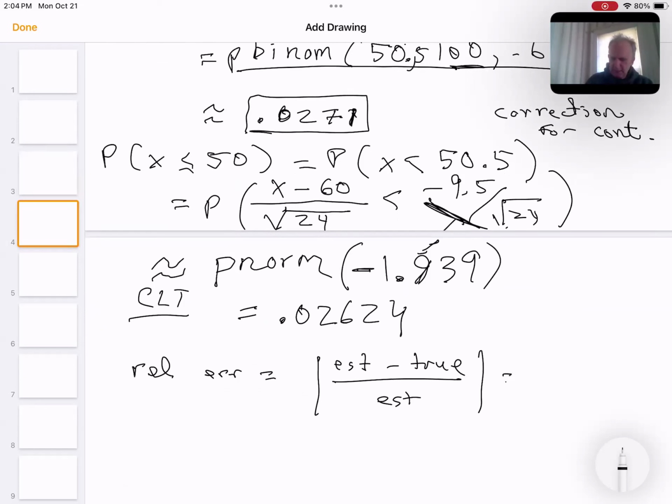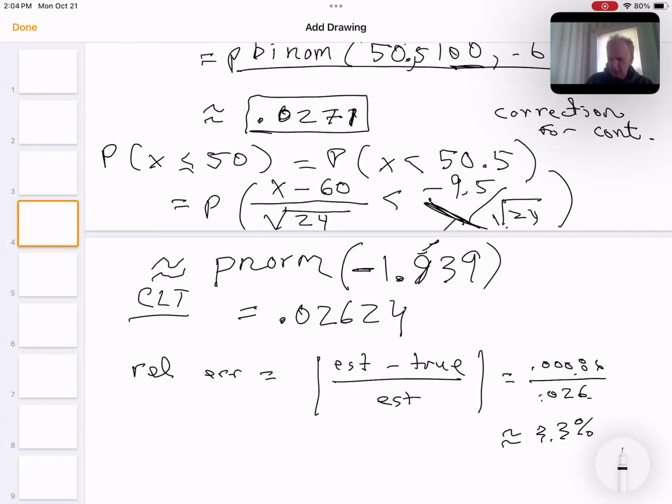When I do this, I get 0.00086 divided by 0.026. Yeah, something like that, right? It is about 3.3%. Let's see, take 3 decimals over here.